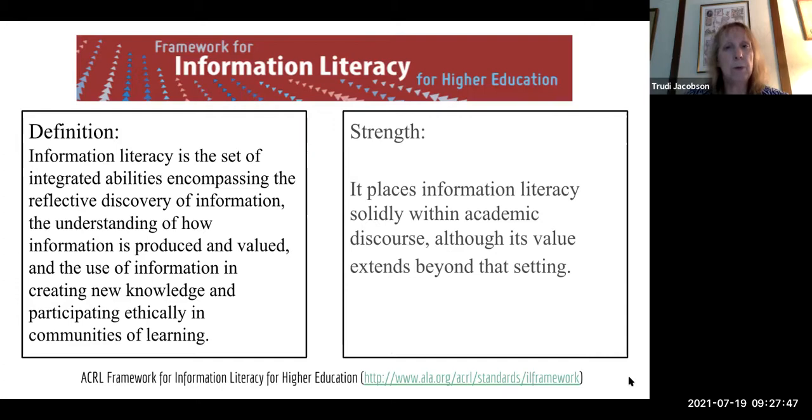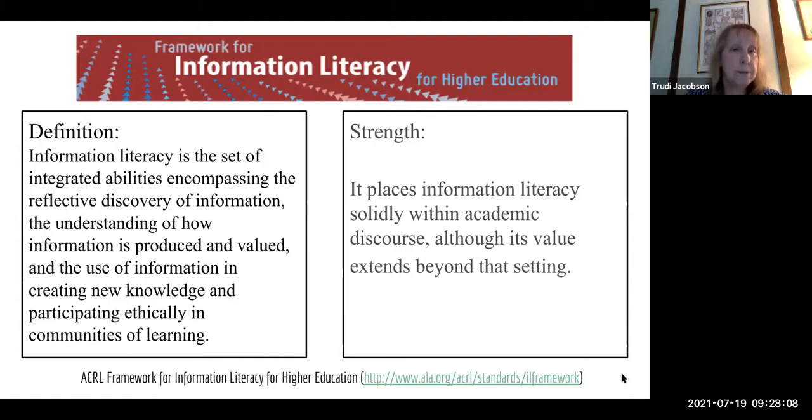So this is the Framework for Information Literacy for Higher Education, put out by the Association of College and Research Libraries in the United States. And as you can see by the definition on the left, it is much more than just what it is you can do and what it is you know.